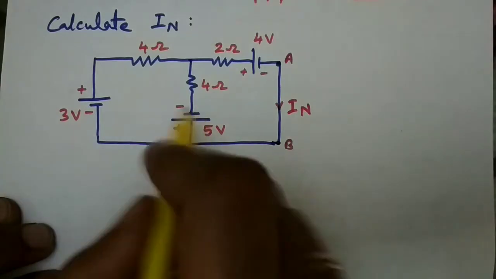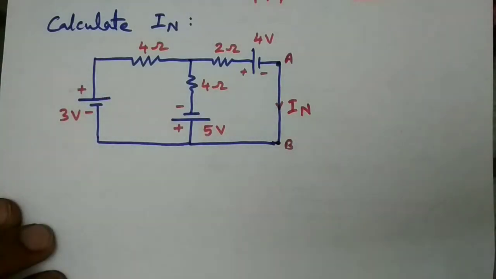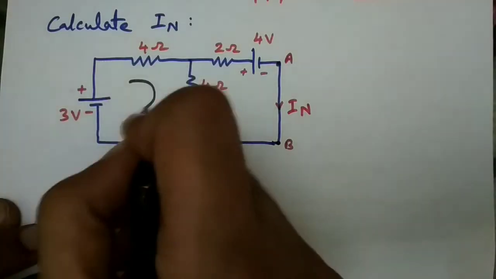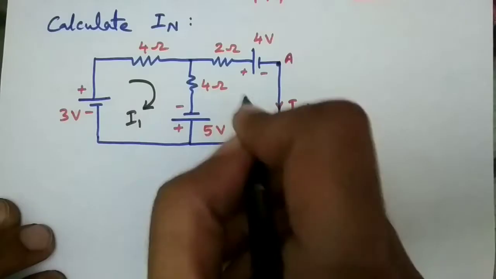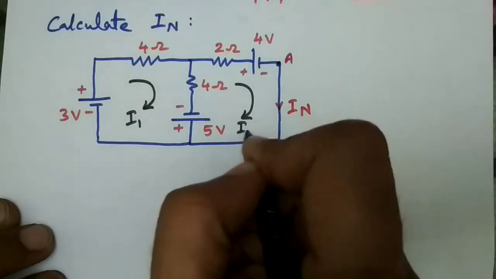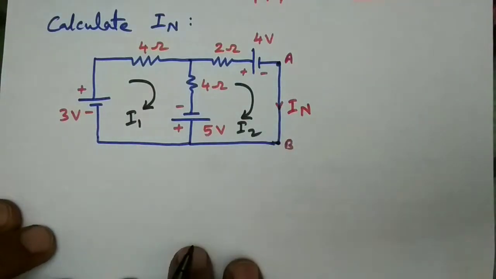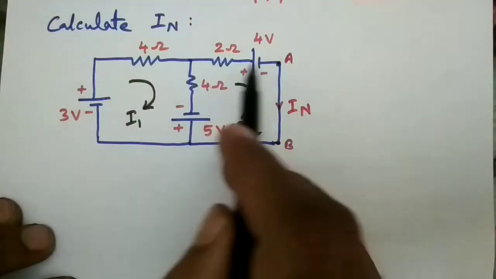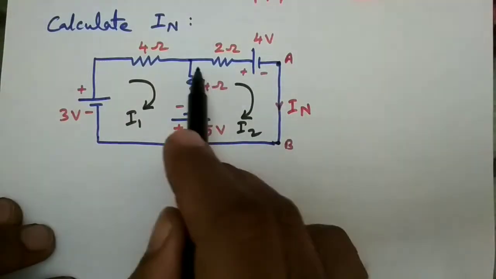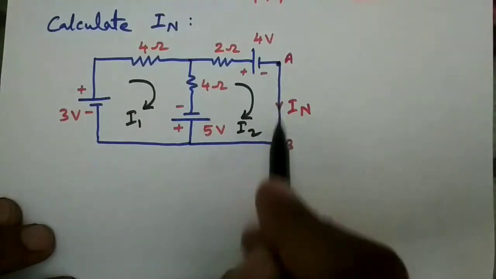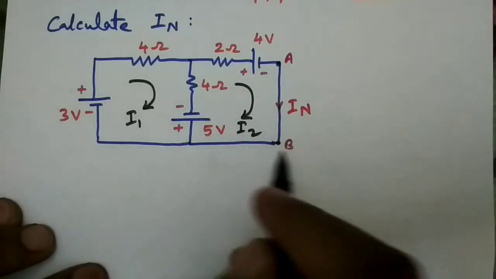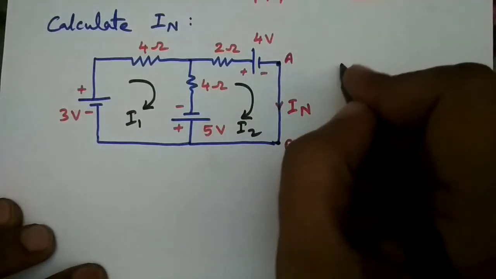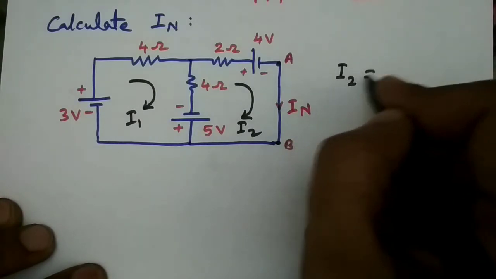So here are two meshes, mesh 1 and mesh 2, and consider the current in individual mesh as I1 and I2. So you can see that the I2 current that we have considered for the second mesh will be flowing through AB terminal. Therefore the I2 will be our In.